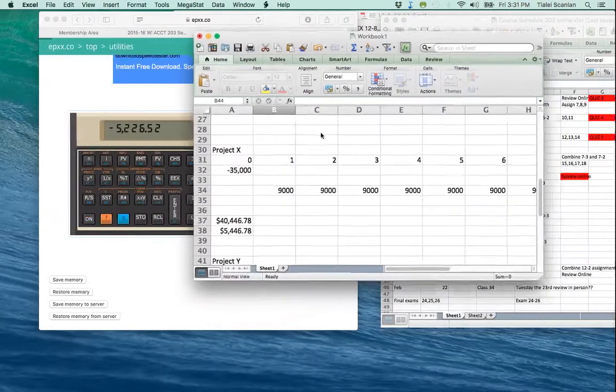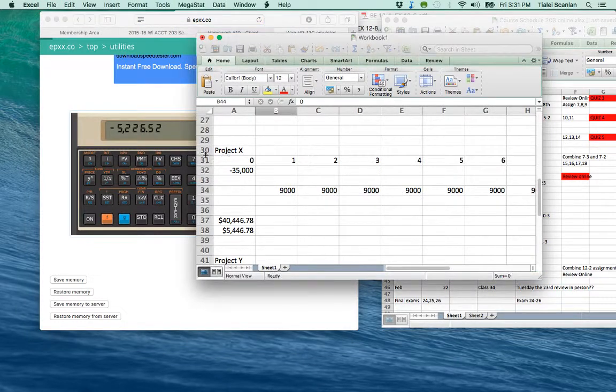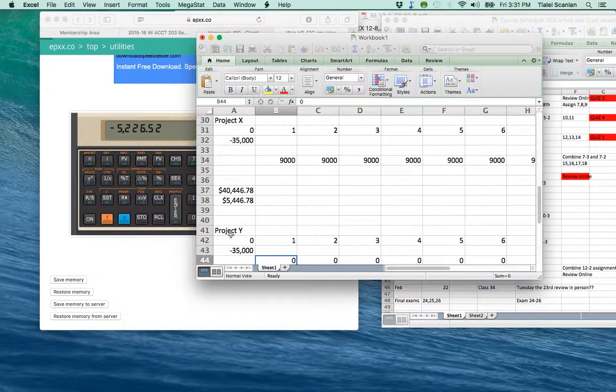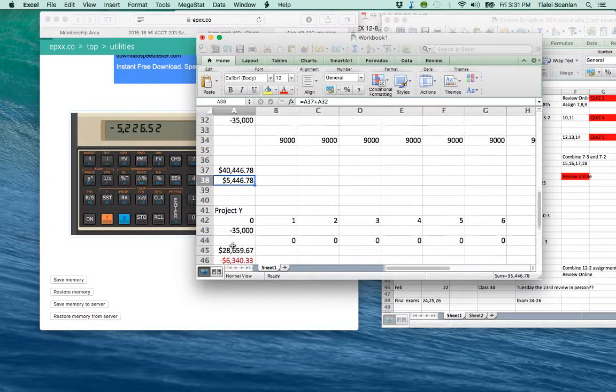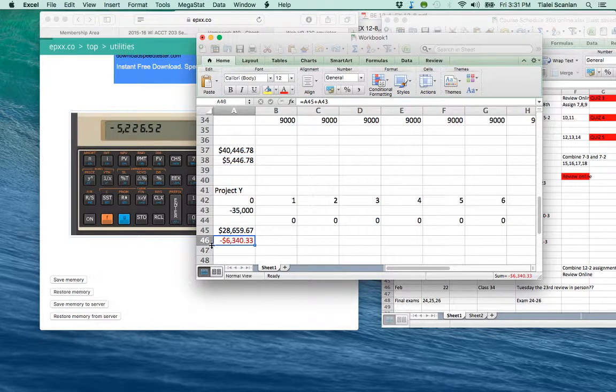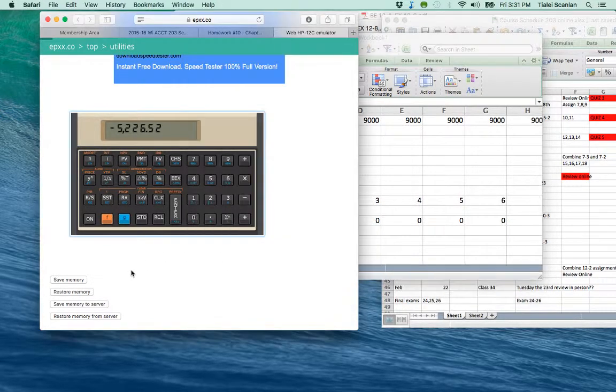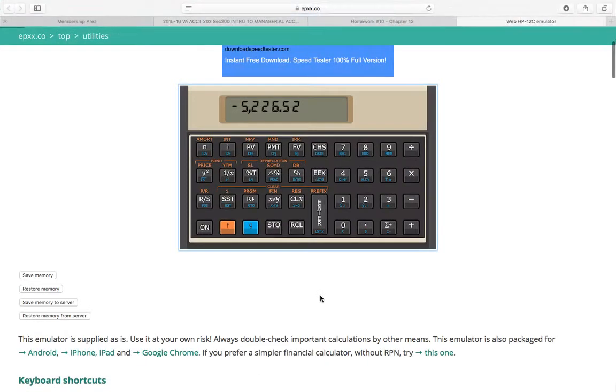And yep, so X had a 5,446 NPV and Y had negative 6,340. So we'll see if we can get that on our calculator. So now I'm on my calculator, I'm going to push F and clear. Everything's cleared out.